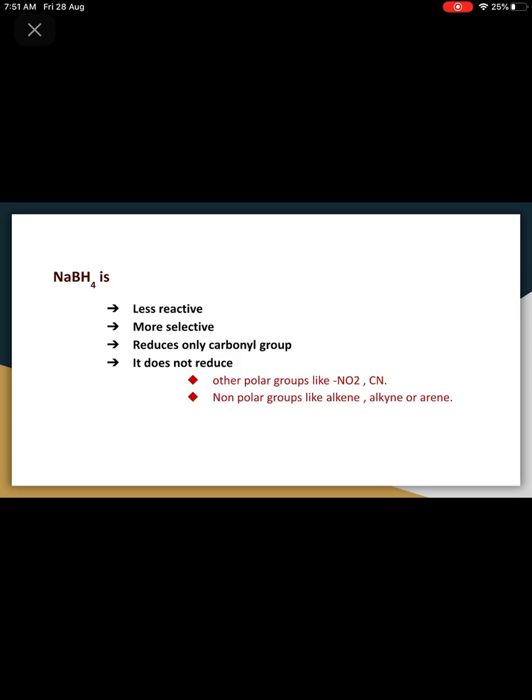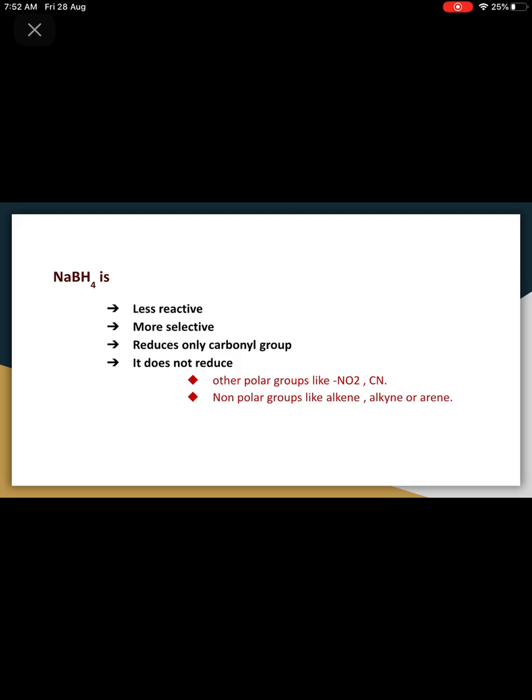So it can selectively reduce the functional groups. If the reagent is more reactive, then it can react with any functional group, so it will have less selectivity. So always remember, NaBH4 is less reactive, so it will reduce the functional group more selectively.